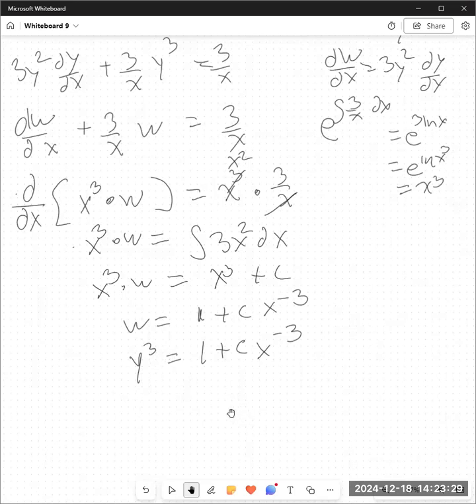Some teachers may want you to solve for y explicitly, like take the cube root of both sides. It doesn't make a difference. I just want to avoid getting an answer, if this were an even power, with a plus or minus a square root in it. So I'll leave it just like that.